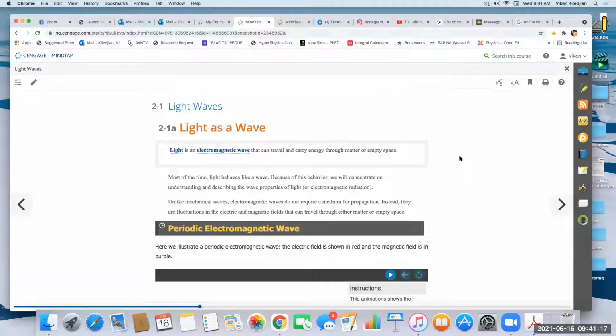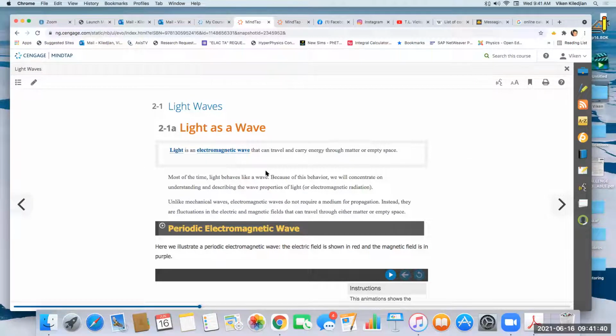So that's very, very important. Light can travel through vacuum, through empty space. And without that, if it wasn't true, we wouldn't have life, we wouldn't see the stars, we wouldn't get energy from the sun. Nothing would exist, literally, if light didn't travel through vacuum.